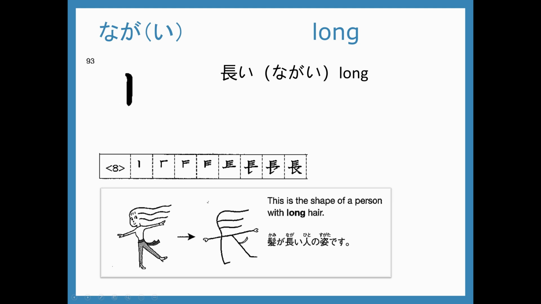One more time. 1, 2, 3, 4, 5, 長いです。6, 7, 8. This is 長いの長.